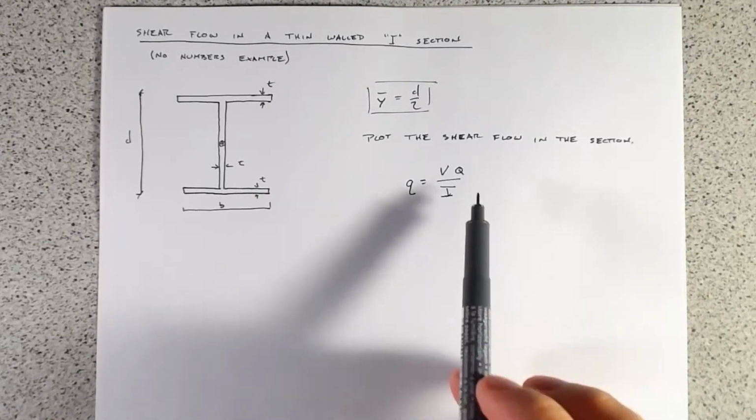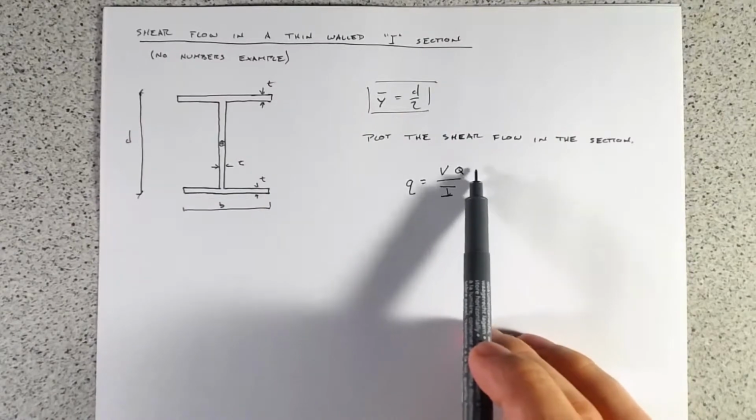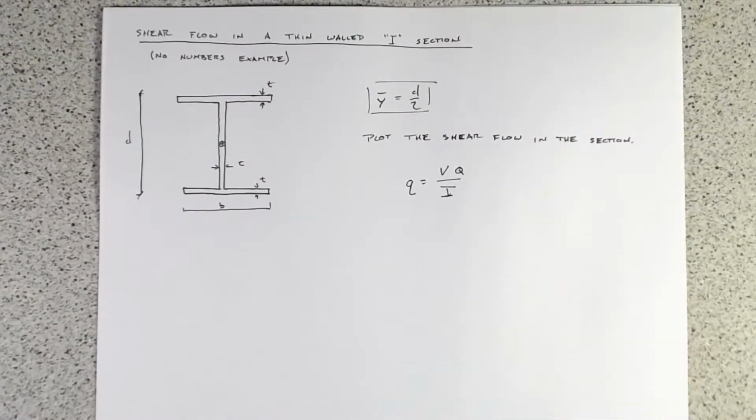So really, the only thing we need to find is this Q as we move around the section. So now, where do we start?